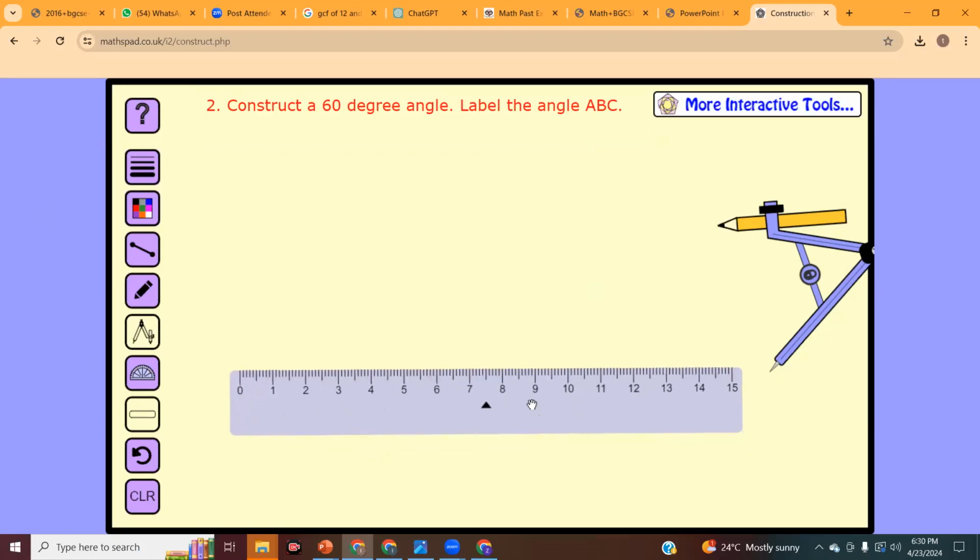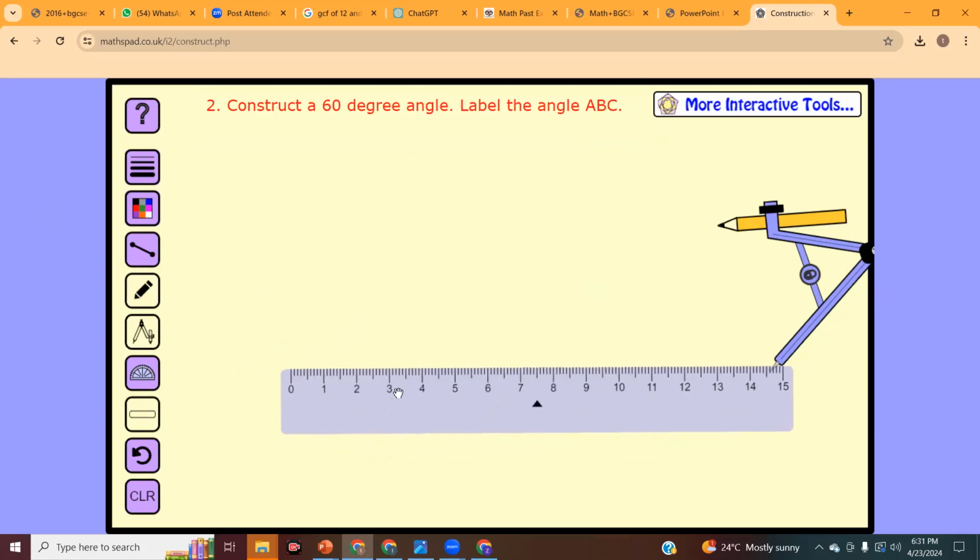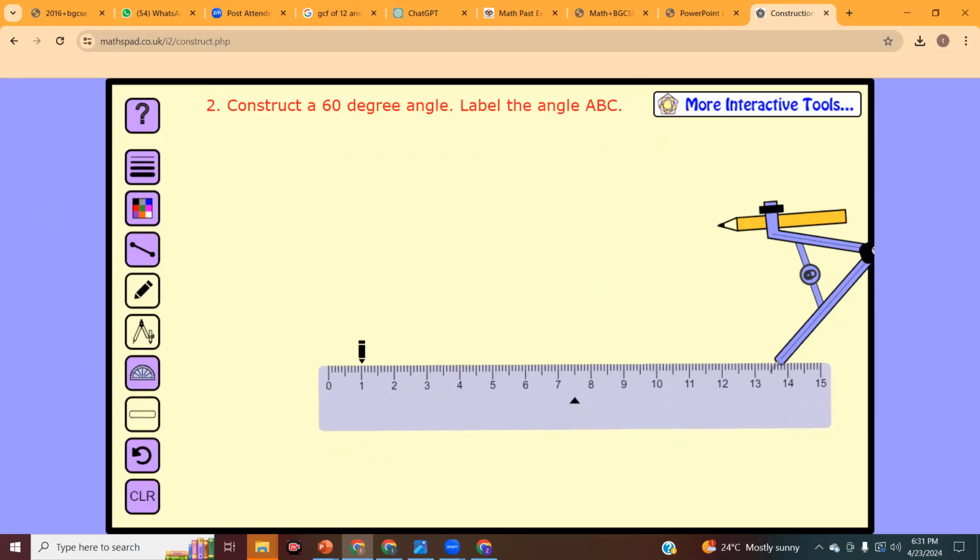So we're going to construct a ray, and we're going to draw it from here to here. It's going to start at 0. So there we have it. Good.